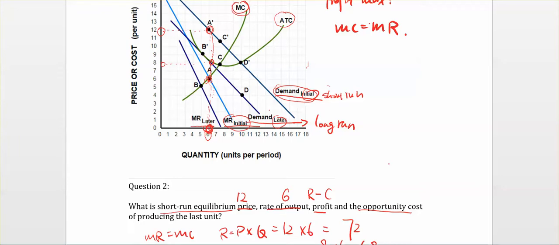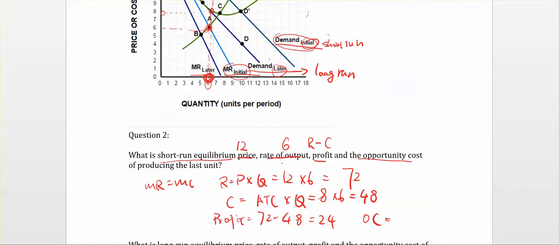Specifically, the marginal cost associated with the 6th unit of output. We need to go back and look at our marginal cost curve, corresponding to 6. So the opportunity cost based on the marginal cost curve is 6. That is our opportunity cost.